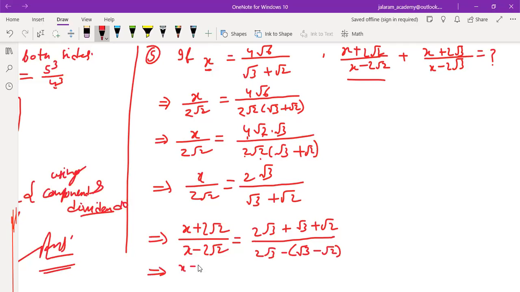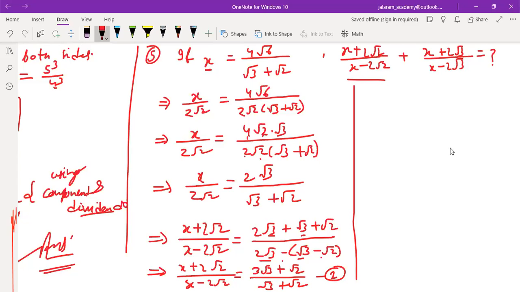It implies x plus 2 root 2 over x minus 2 root 2 equals to 2 root 3 plus root 3 is 3 root 3 plus root 2 over, on opening the bracket, 2 root 3 minus root 3 is root 3 and minus minus plus, so root 2. Put it as equation number 1.